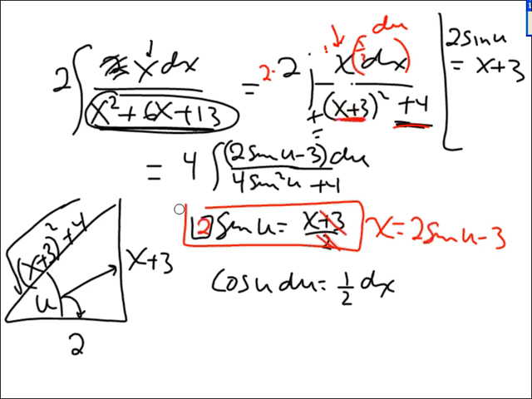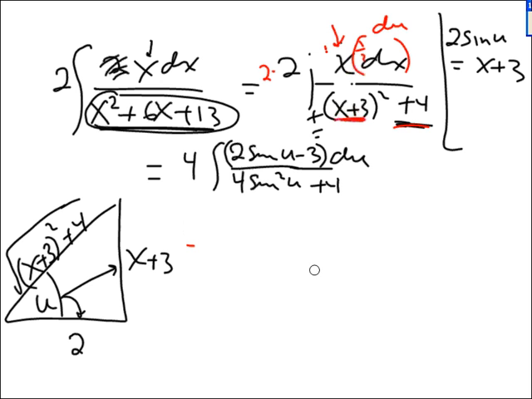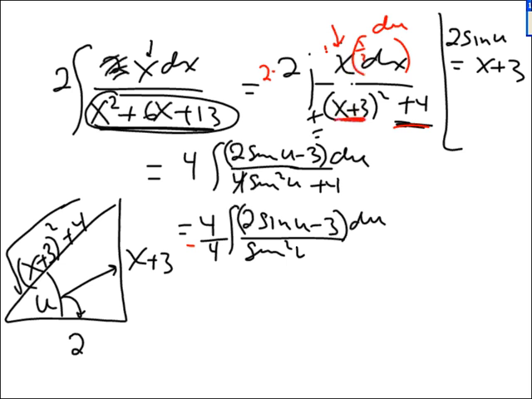Okay, so let's erase a lot of this stuff and see what we can do from here. Now in the bottom, I can factor out a 4. 4 times 2 sine u minus 3 times du. I can factor out a 4 from the bottom, and I'll be left with sine squared u plus 1, because I factored 4 out from there as well. 4 over 4 cancels.